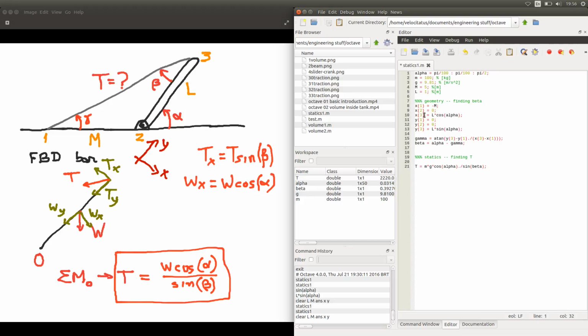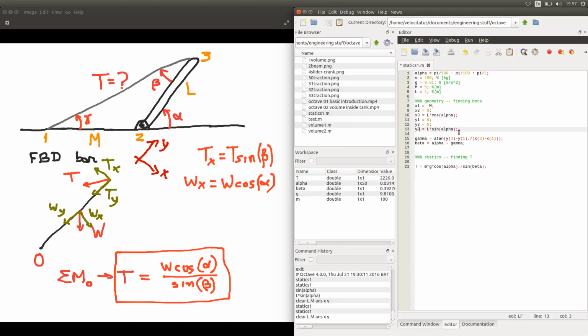So instead of using arrays for all the coordinates, let's just use scalar values for all these variables, like so. So we don't run into any problems with the sizes of these arrays.